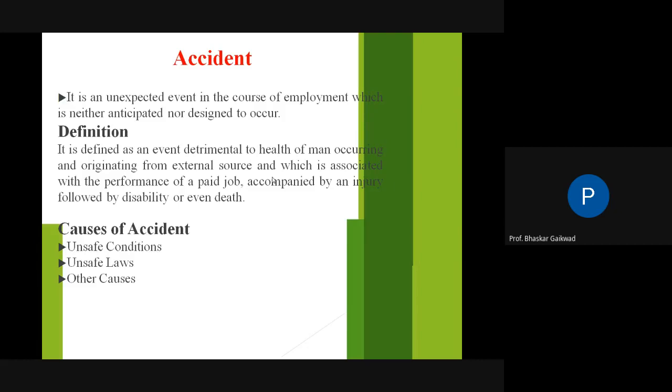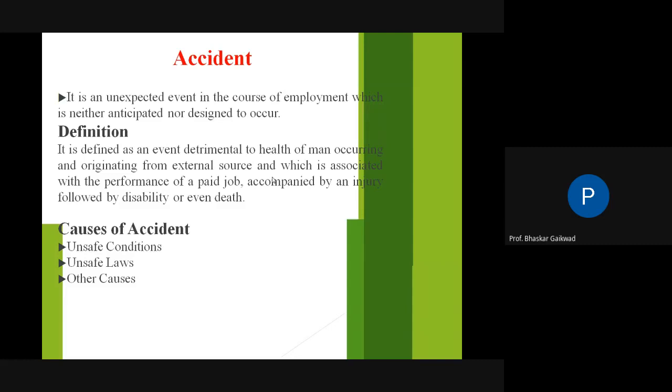So control device, display device, man's capability, all these things you have to consider while designing any equipment and machinery. Any machinery while designing, we have to get it fulfilled through ergonomics. Otherwise, there will be problems for the man who is going to work on that machine.